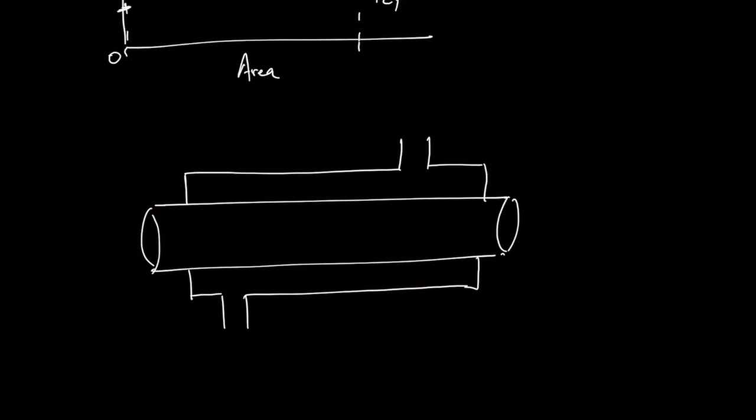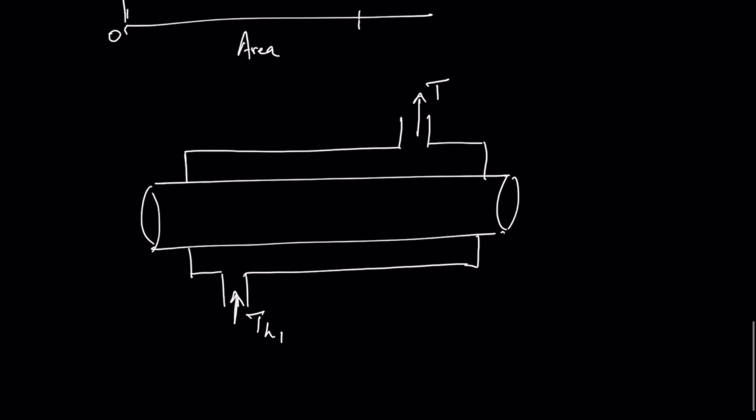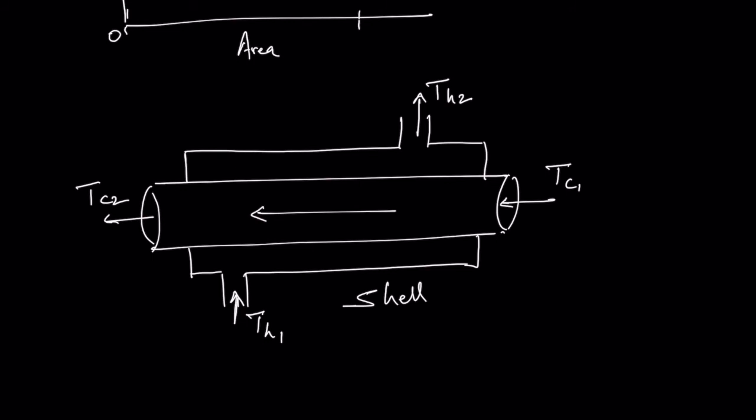So hot fluid, suppose it's going like this in the outer shell, TH1, and hot fluid is going out, TH2, so it's going from left to right. Okay, hot fluid, and cold fluid is right to left, suppose TC1 and TC2, so it's a counterflow shell and tube heat exchanger.